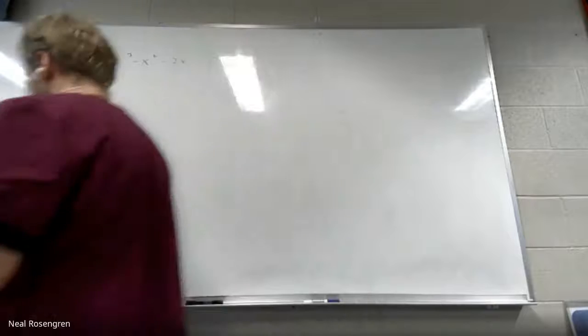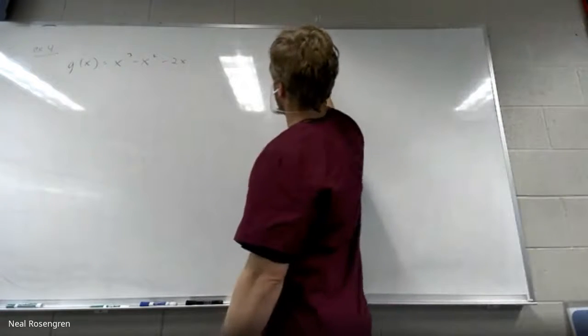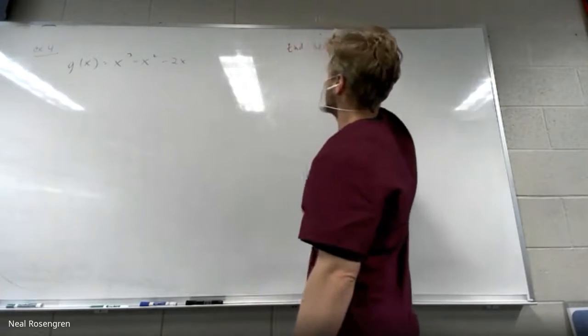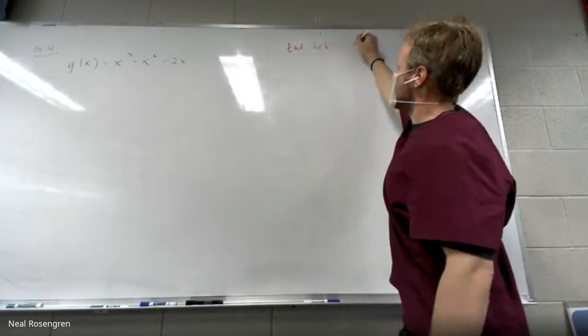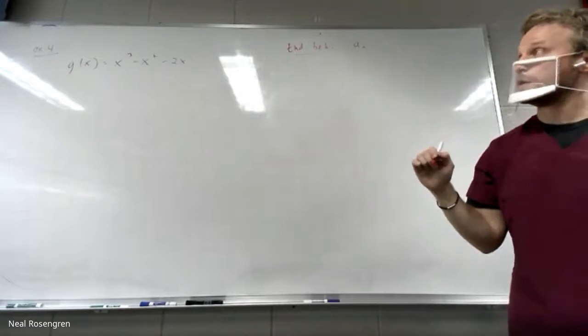And we just wanted to do a couple things. 1, talk about the end behavior, but 2, finally get to the x-intercepts with some higher degree polynomials. So let's talk about end behavior first. How about that? End behavior. What's the sign of your leading coefficient? Positive.